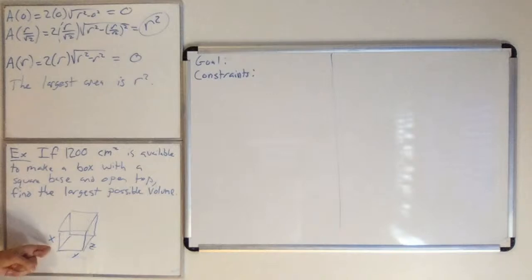Okay, so we'll say the bottom face is this XY face, and the top would be the other XY face. So we want to minimize or maximize some function with some constraints. What is the function? What are the constraints?